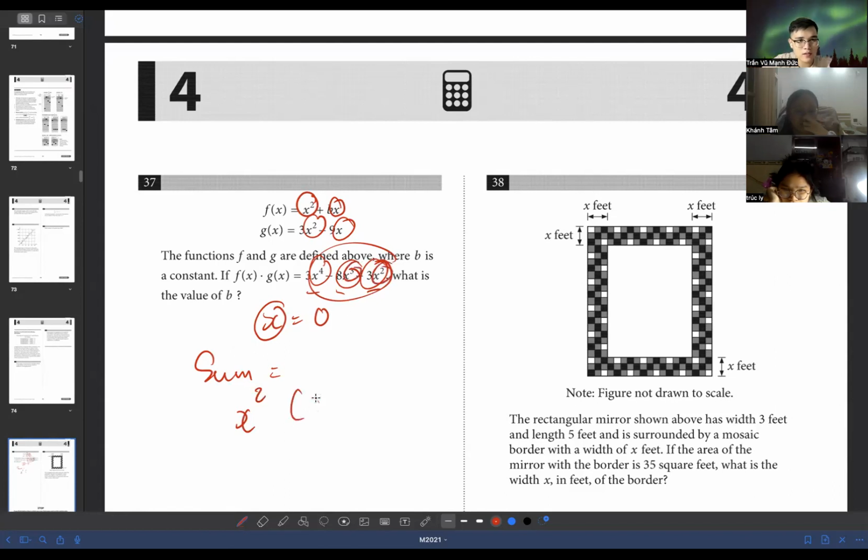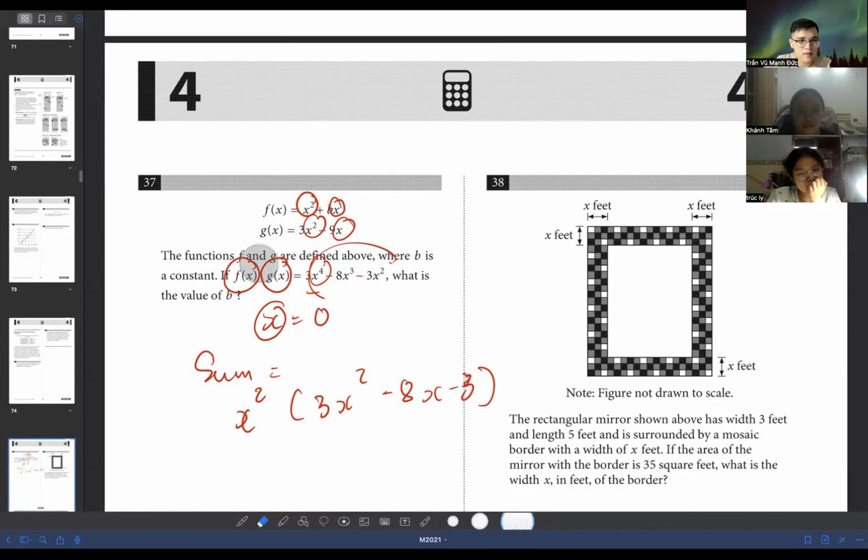x squared out, 3x squared minus 8x minus 3. Is it minus 3? Yeah, minus 3. All right, I have x squared, this, and you can see f(x) times g(x). This is the multiplication of functions.